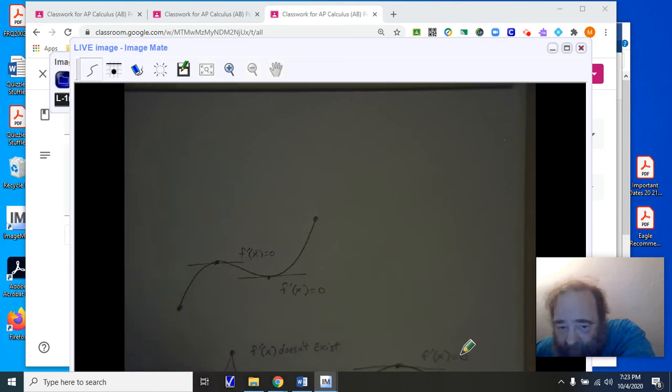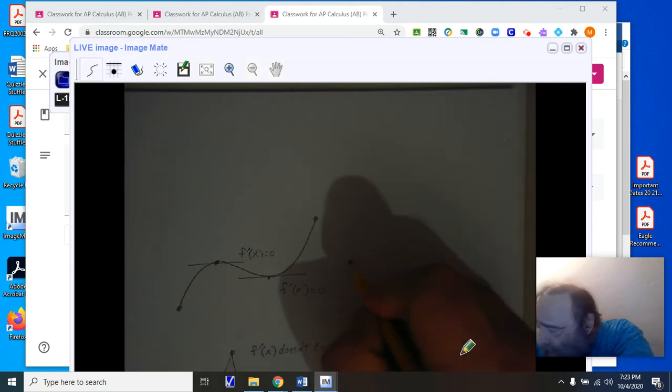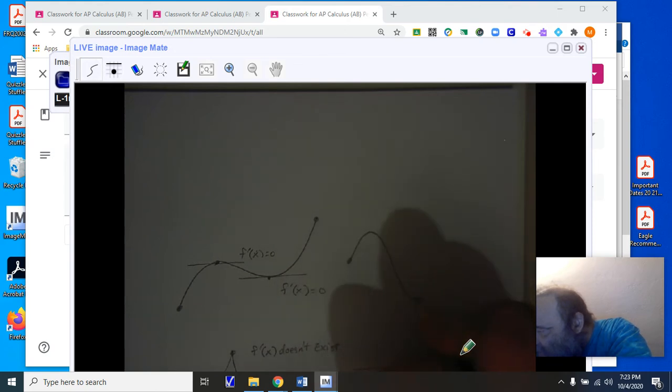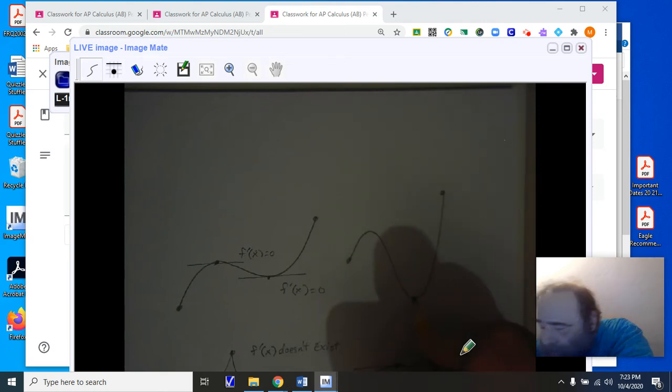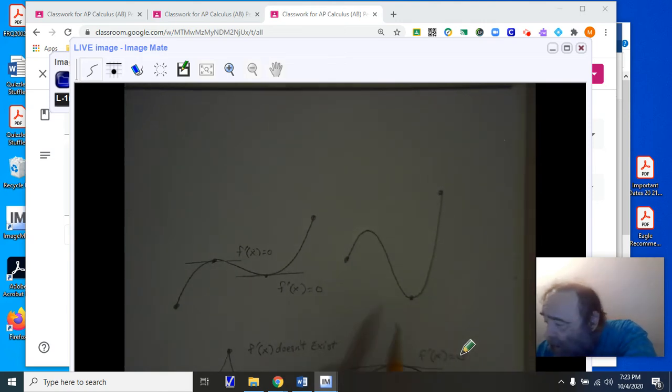So you have to first figure out where the critical values are. You then have to find the y values at those critical values, and then find the y values at the endpoints. And these will help you to determine what kind of situation you might have. Are you looking at a situation where your absolute minimum is also the relative minimum?